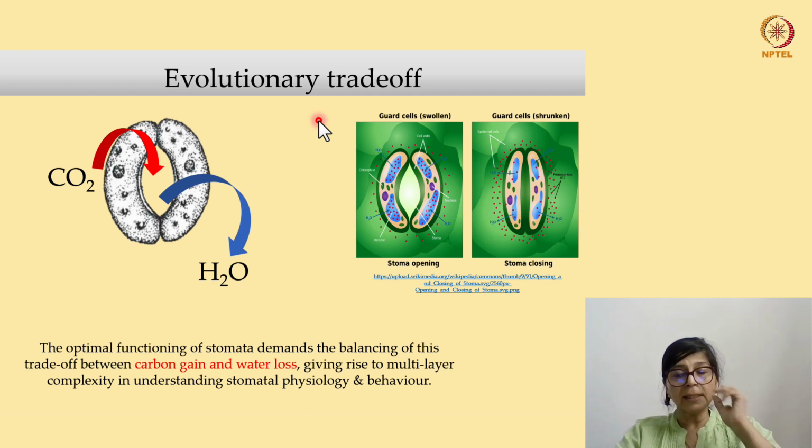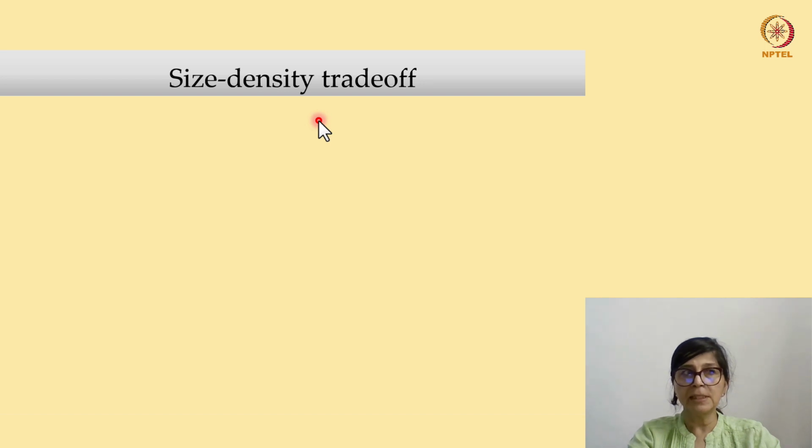And over evolutionary time, you would be very surprised to know that plants tackled this problem with one very small thing, which is the size density trade-off. There are other things too, but I am just going to talk about this.